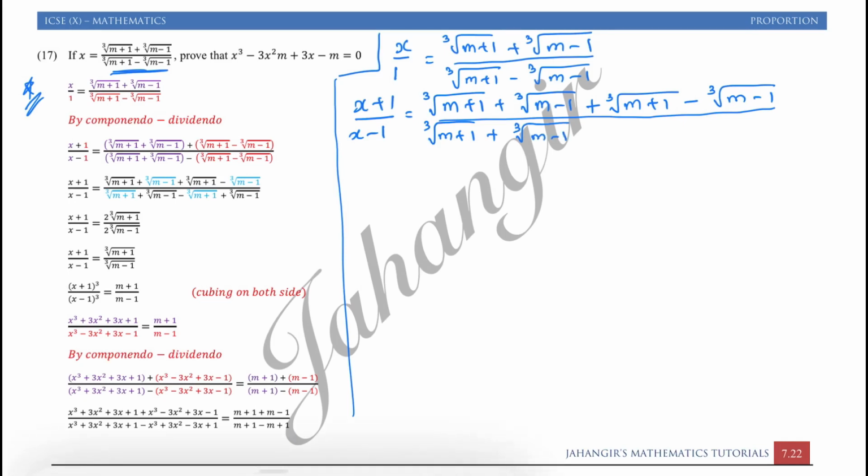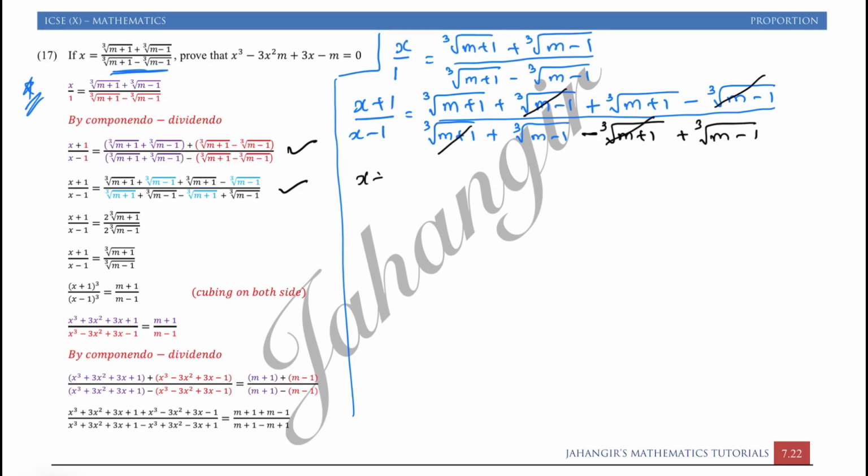Now we are taking minus. Here if we take minus cube root of m plus 1, this sign will change, it will become plus. Best you write this step first and then open it. We can cancel this term and this term will get cancelled, this and this term will get cancelled.